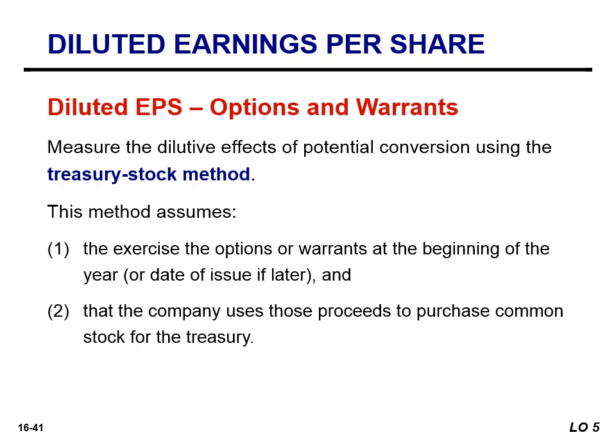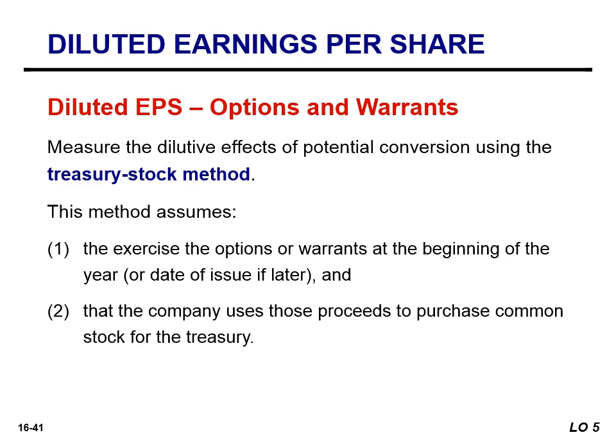Now, with stock options and warrants, use your treasury stock method. What happens here is that a company includes in diluted earnings per share all the stock options and warrants outstanding unless they're anti-dilutive. Companies then use the treasury stock method, and you assume that the company exercises the options or warrants at the beginning of the year, or the date of issuance if later, and then you use all that money that you got from the stock options and warrants to buy back common stock for the treasury.